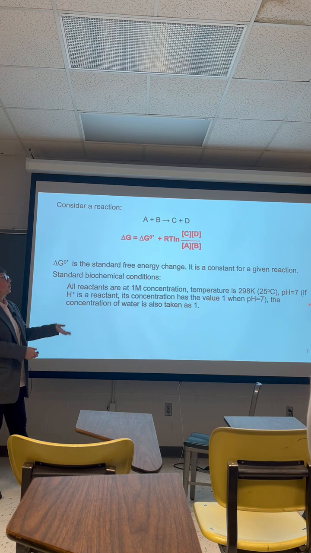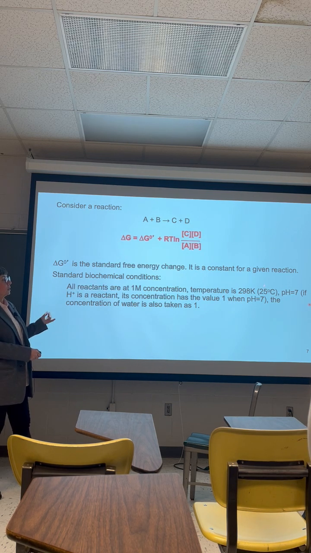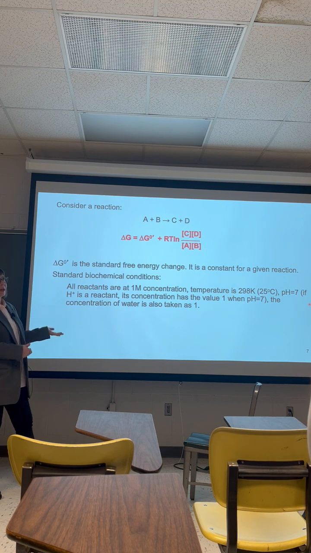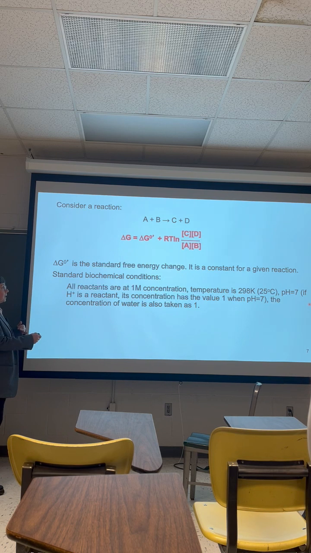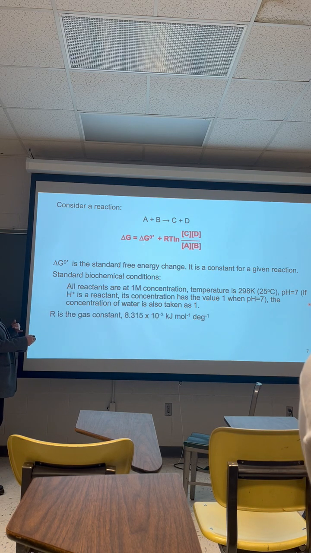Now, for the purpose of thermodynamics, even this is not enough. We have to convert it to kelvins, which is whatever you have in centigrade plus 273. So 25 plus 273 is 298 kelvins. So this is a definition of the standard conditions.